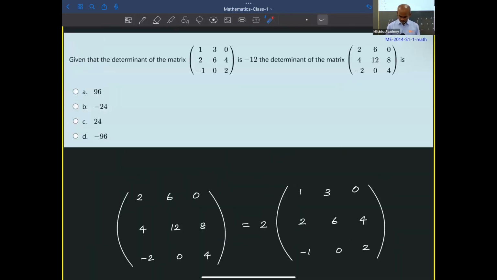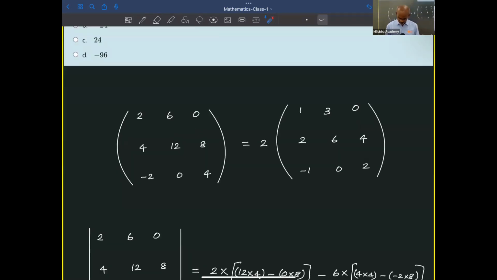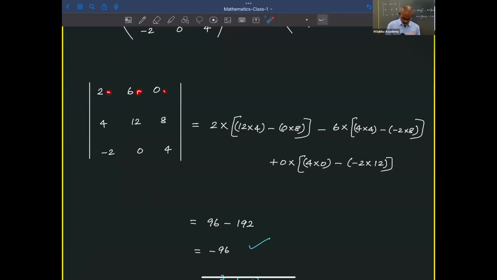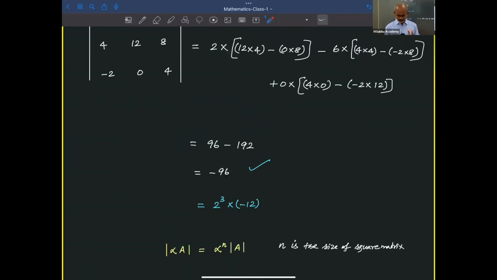Now you should not simply multiply with 2. Suppose the determinant is minus 12, you cannot simply write it as minus 24. That is a wrong answer, because every element is actually multiplied by 2. So 2 to the power 3 is the scaling factor multiplied 3 times for the 3 by 3 matrix.